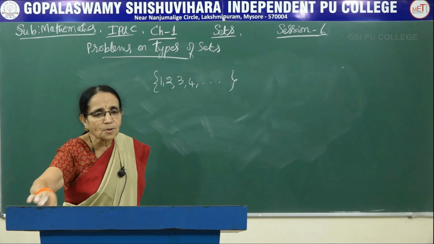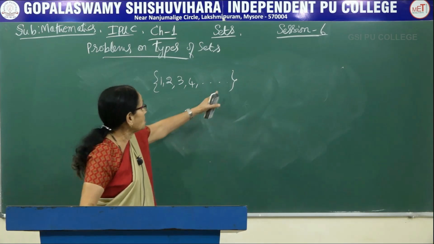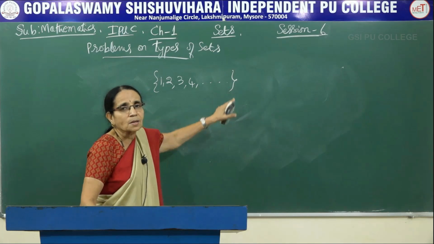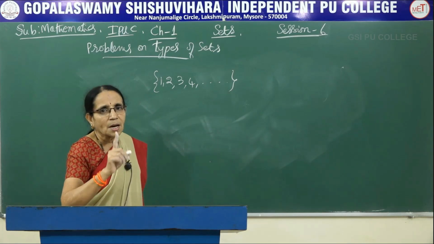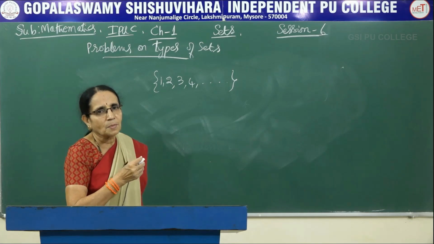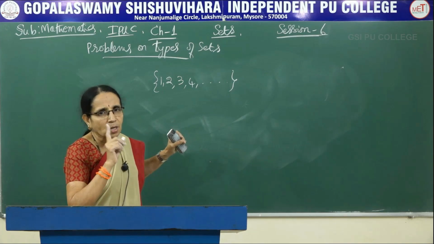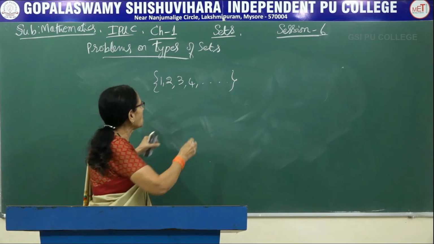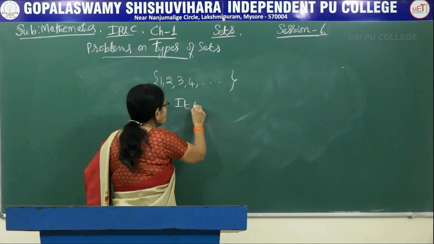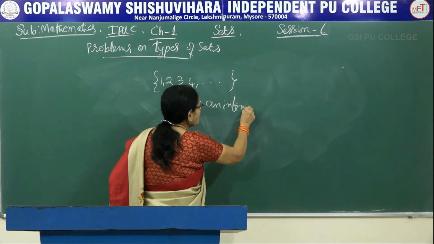Not possible, because we have just written 1, 2, 3, 4, etc. If the last element is given, we can count the elements and say it is a finite set. Whereas here we do not know the exact number of elements. This is nothing but the set of natural numbers, denoted by capital N. Therefore, how do you write this one? It is an infinite set.